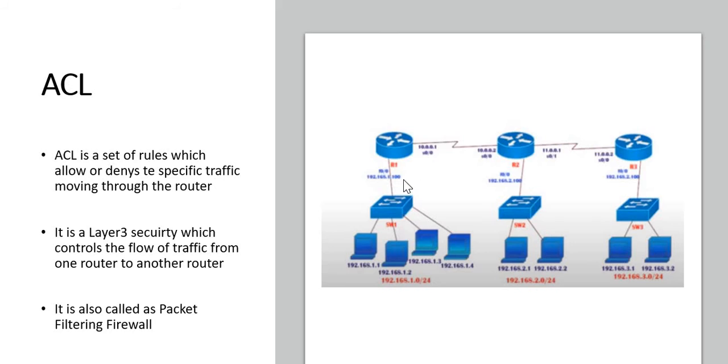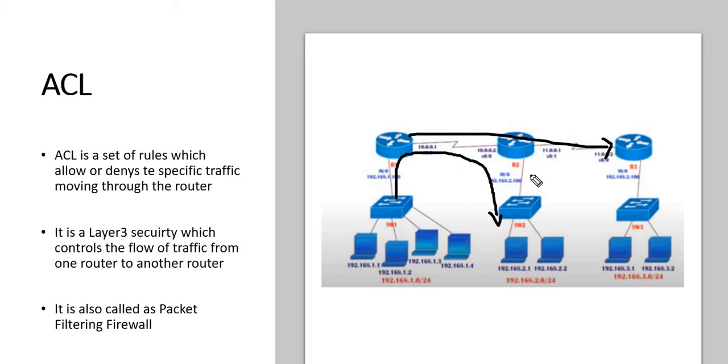I have to put one security guard here and make all the necessary settings. I mean to say that I want this communication to happen, but I don't want this communication.